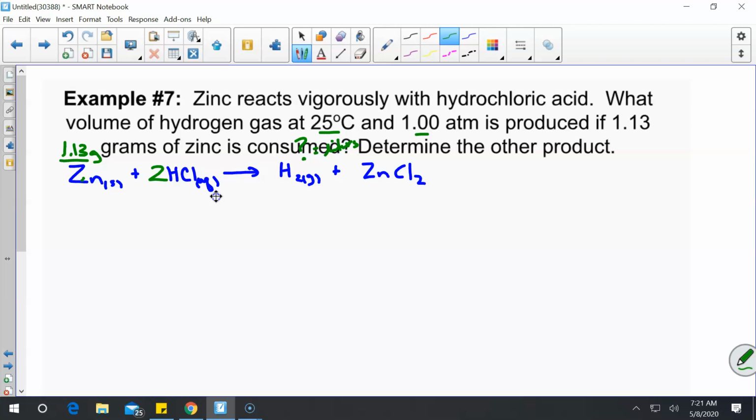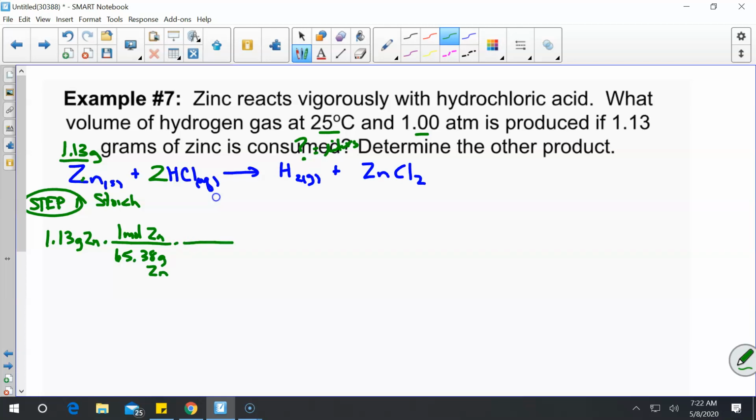So I'm going to go step 1. In this case, this isn't always true, I'm going to do stoichiometry. I'm going to just write Stoich. So I'm going to start out with 1.13 grams of zinc times, I'm going to convert zinc to moles. 1 mole of zinc is 65.38 grams of zinc.